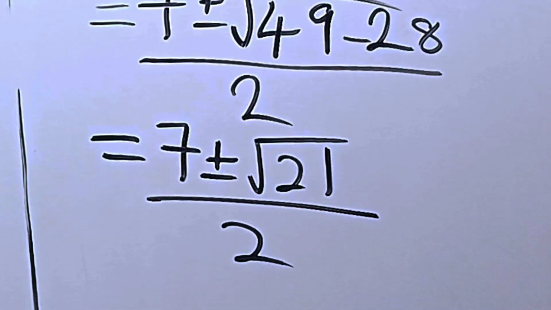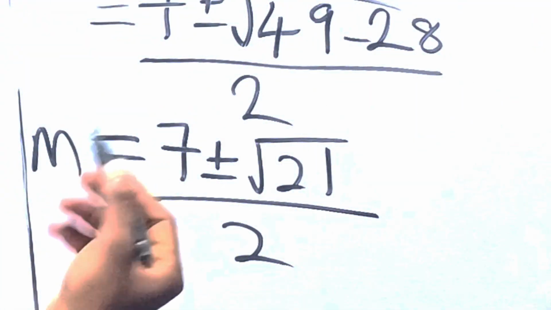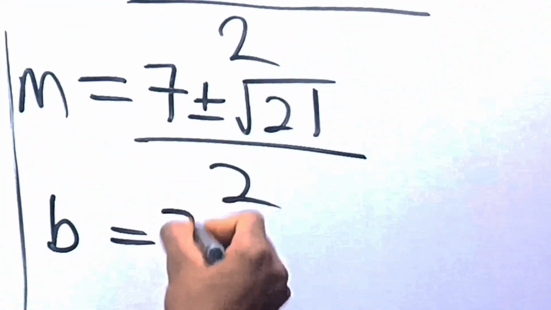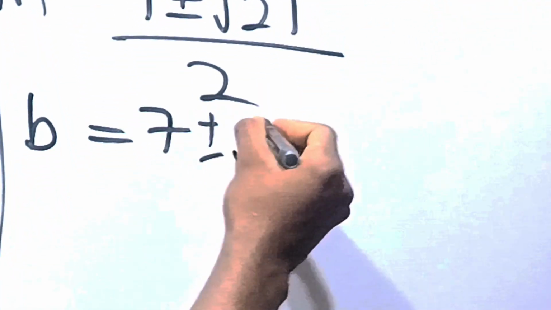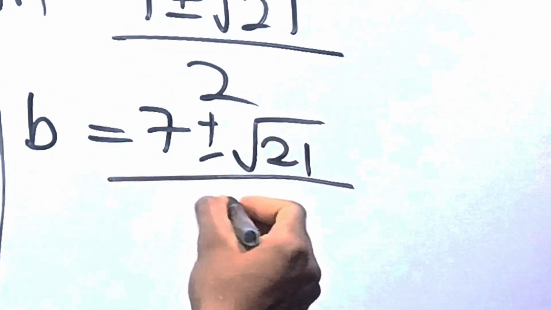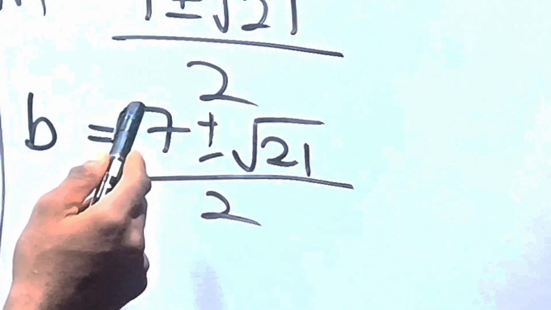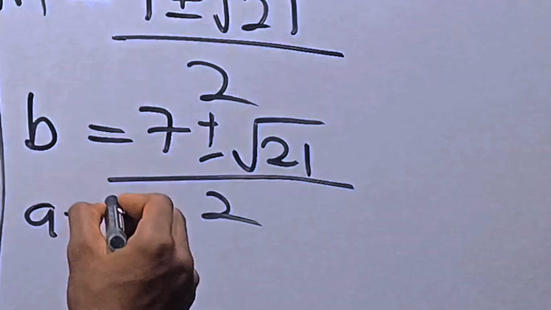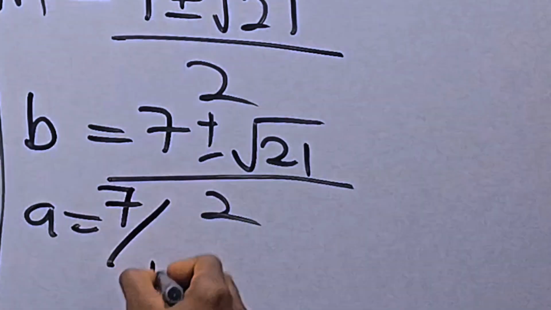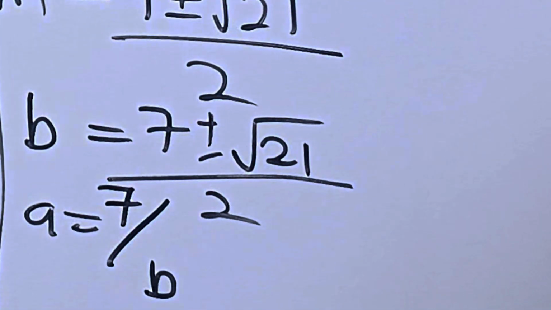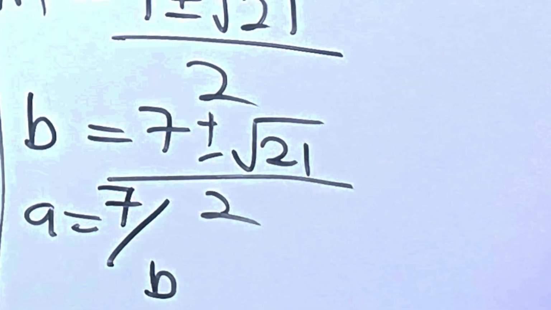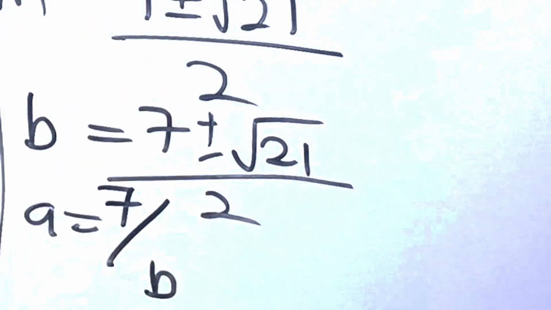So this gives the values for m, and remember that m is equal to b. So we have that b is equal to 7 plus or minus the square root of 21, all over 2. Remember that a is equal to 7 over b. We're going to solve for a from here.